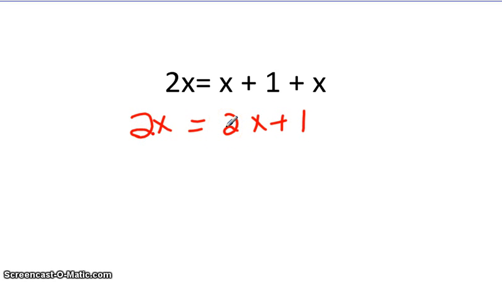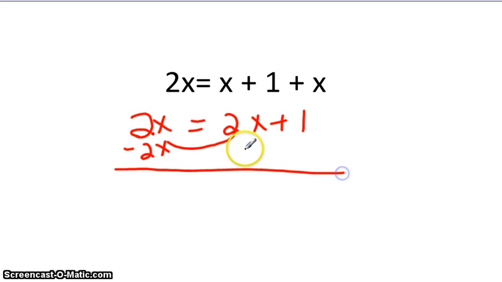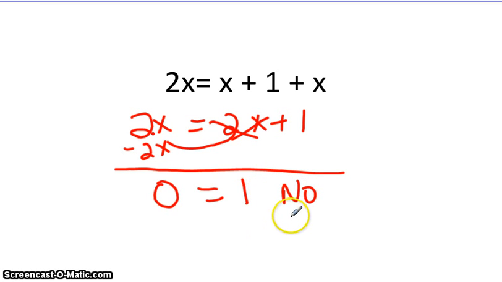And now I'm going to do step 4 and isolate the variables. So I'm going to subtract 2x. And I discover that these cancel out and I'm left with 0 on the left. But I have a 1 on the right. Is 0 equal to 1? The answer to that is no. Therefore, there is no solution, because this is a contradiction.